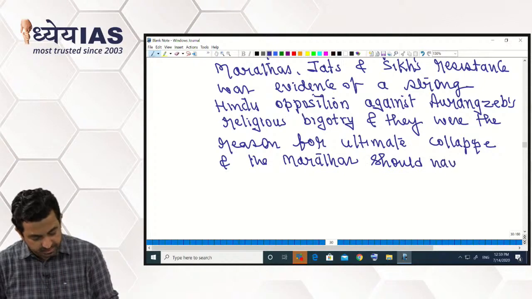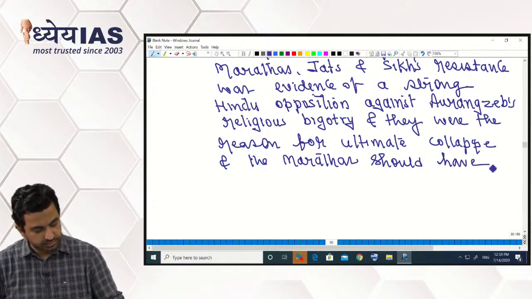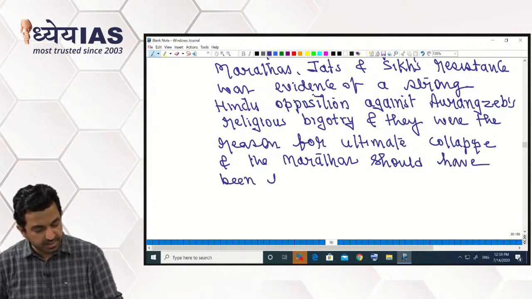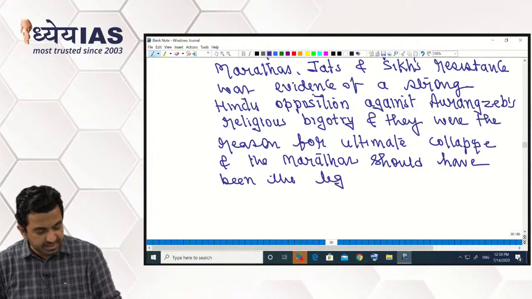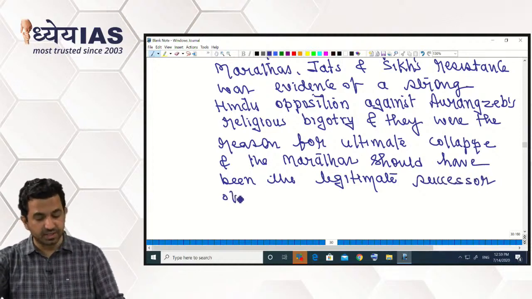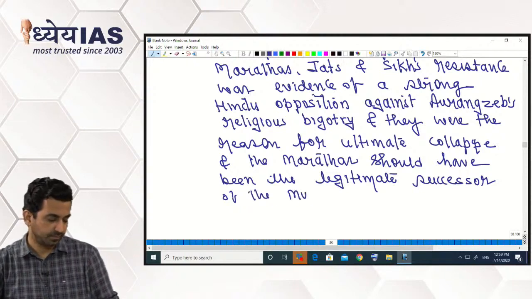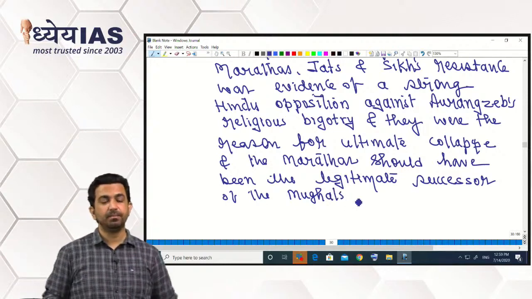And the Marathas should have been the legitimate successors of the Mughals.